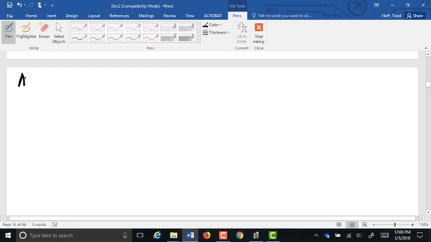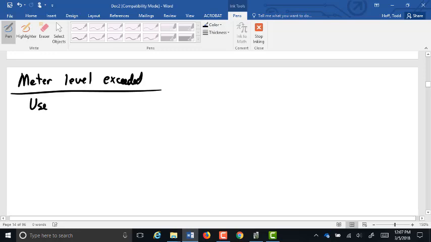So let's say, once again, the meter level is exceeded. So then we're going to use 300 microliters of urine in a 2 in 5 dilution.